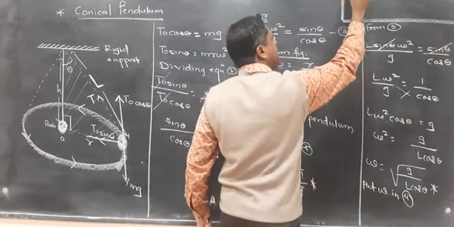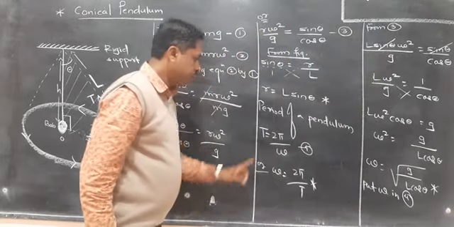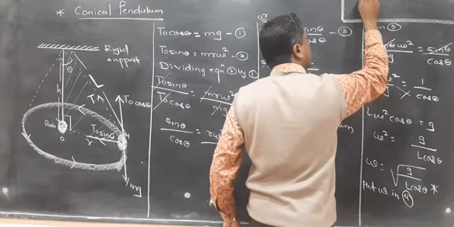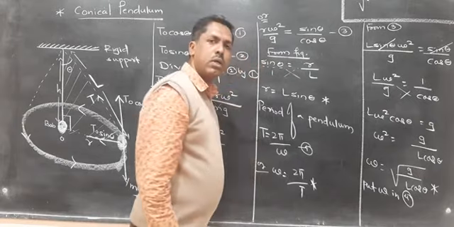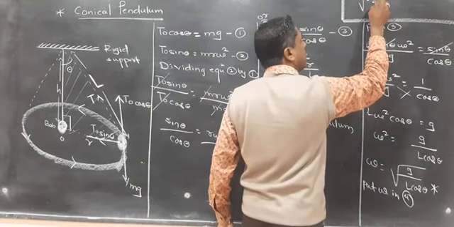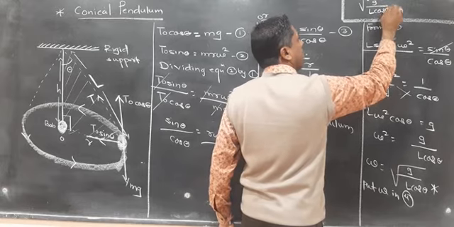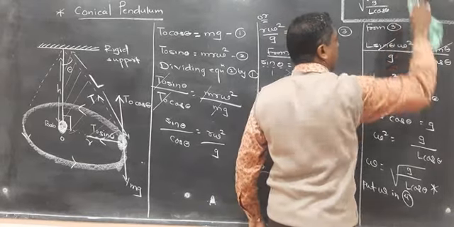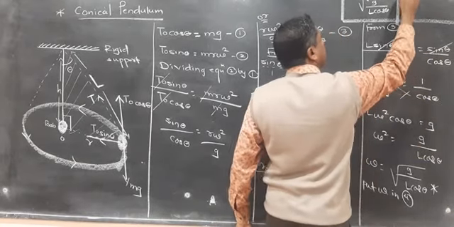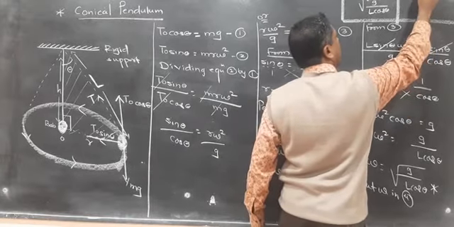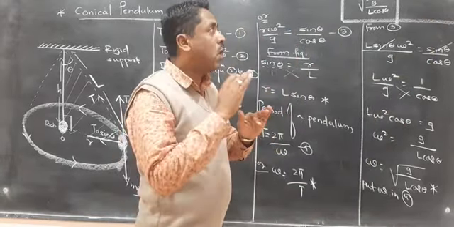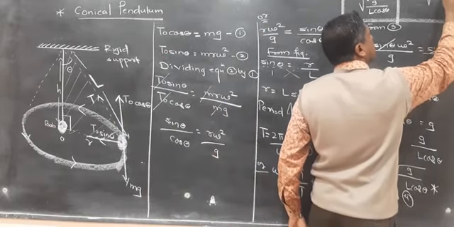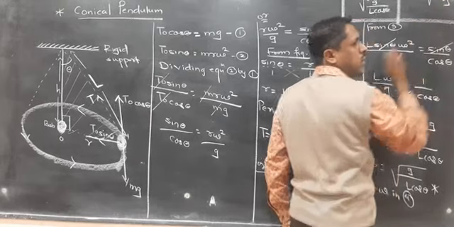T is equal to 2 pi by omega, that is under root g upon L cos theta, or it can also be written as T is equal to 2 pi, and when this under root g upon L cos theta goes to the numerator, it becomes L cos theta upon g.